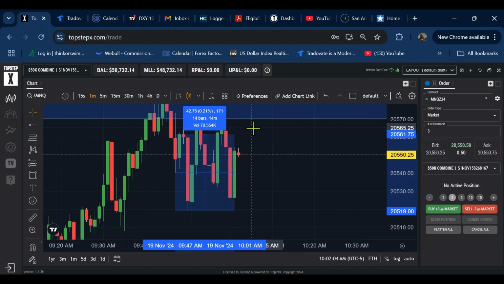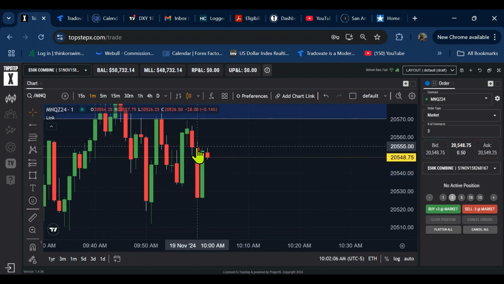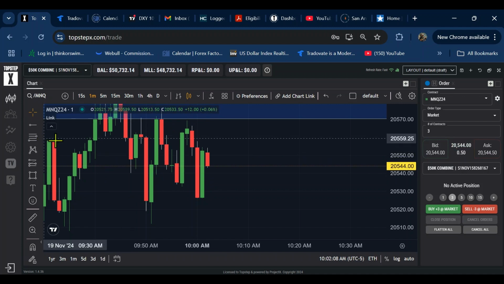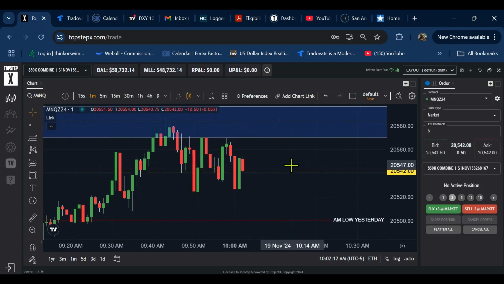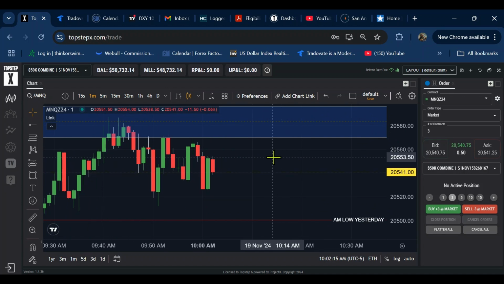Very, very hard to predict where it's going next right here. And with the size of these up and down candles, 40 points, it's a lot of risk. Even on 1 micro, that's $80. I typically trade 3. So we're talking $120 there.